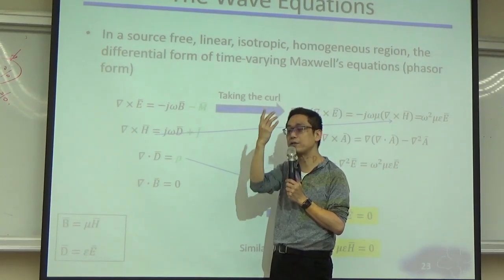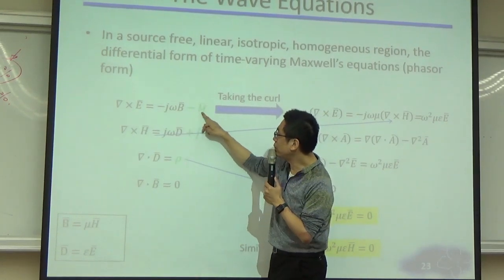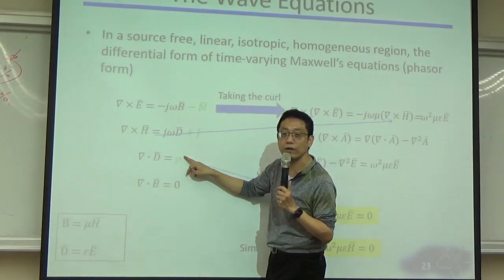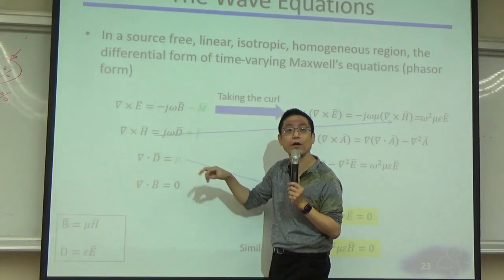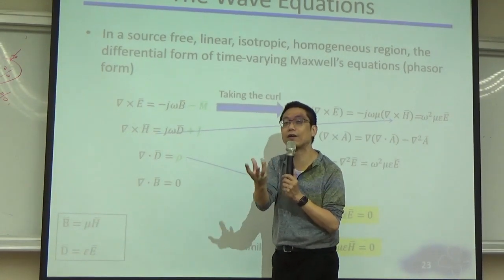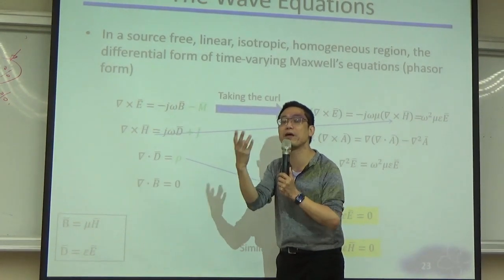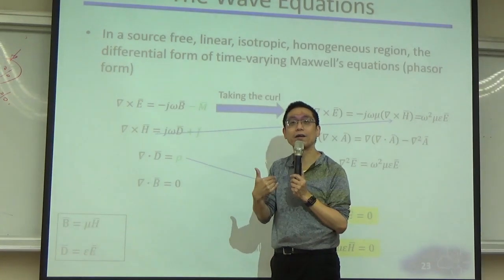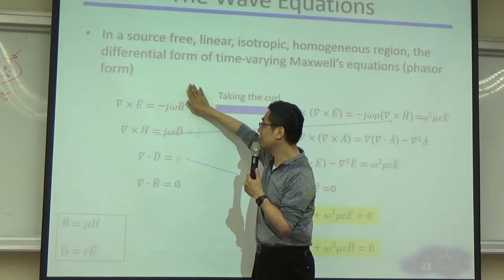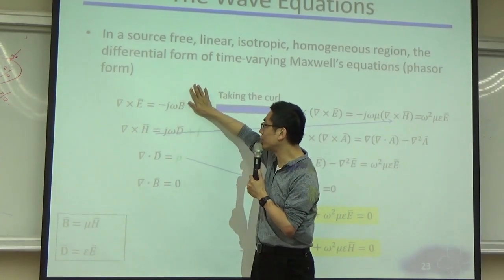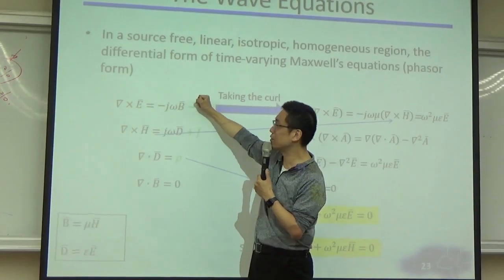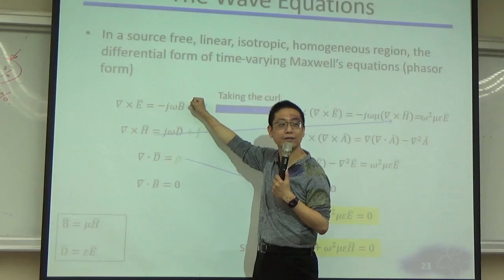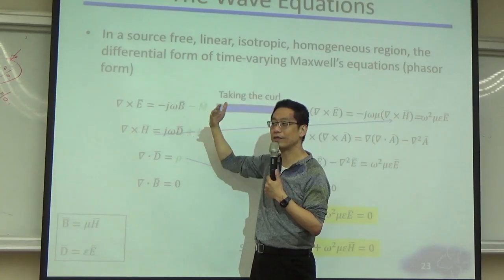I mentioned M and J, those are sources, okay? With source, you have charge, you have current, something there to make the E and H field, right? If you don't have that, I use green to make that disappear. So 0, 0, 0. Good. Okay? So it's easier.